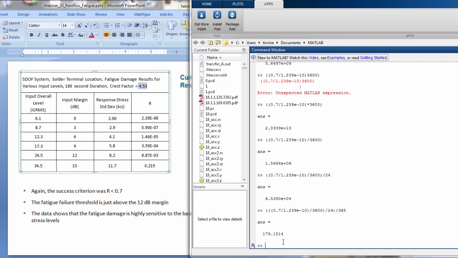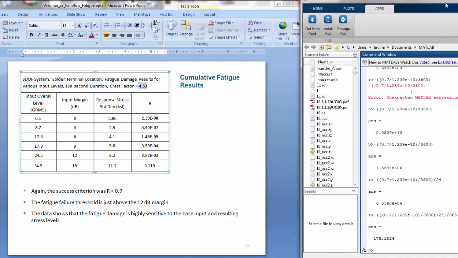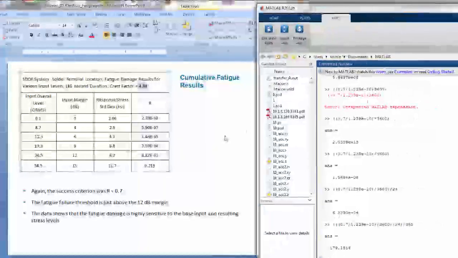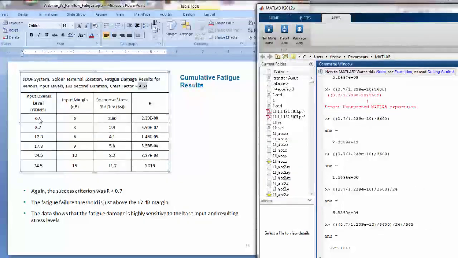Okay, I see what's happening. 180 years. So in other words, at this nominal input level, 6.1 GRMS, this part can outlast our lifetimes.